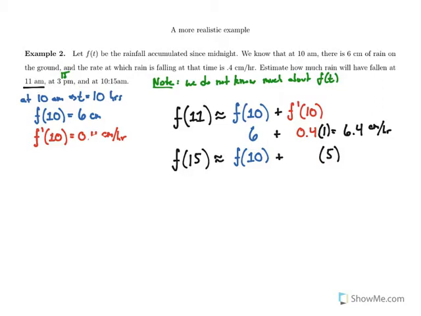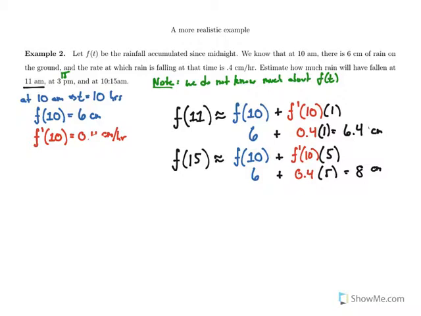In fact, I should write here f prime of 10 times 5. We're only going 1 more hour, that's why we could just use 0.4. Now we have to multiply that by 5 to get 0.4 every hour. This will give us 6 plus 0.4 times 5, which is going to be 8 centimeters. Sorry, that's not per hour, just centimeters.